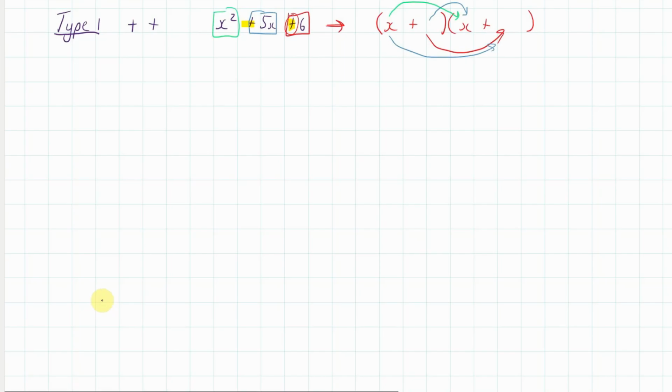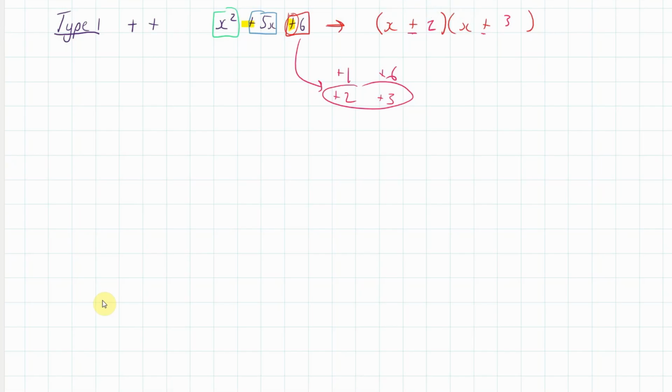So, what we do when we're solving these is we look at this last number and we write down our factors. 1 and 6, 2 and 3. Now, because we've got both positives in here, that means we've got positive 1, positive 6, positive 2, positive 3, and we've got to decide which ones add to make 5. Well, obviously it's these, so we would factorize this, and it would be plus 2, plus 3.